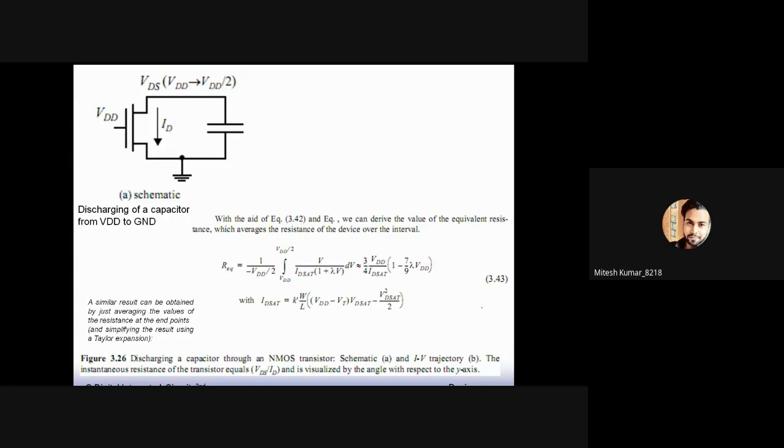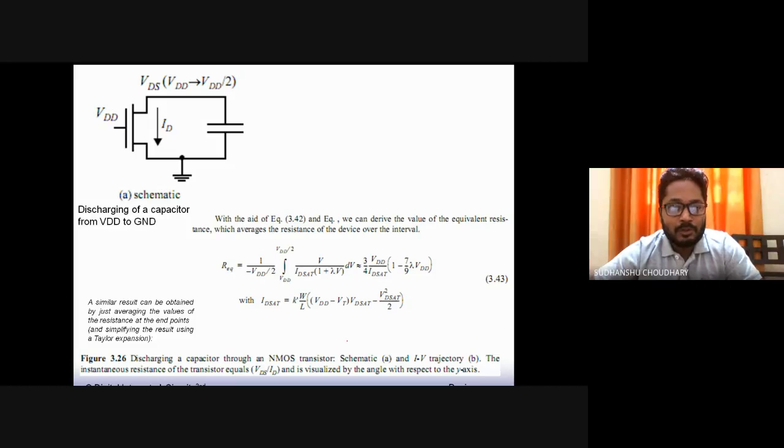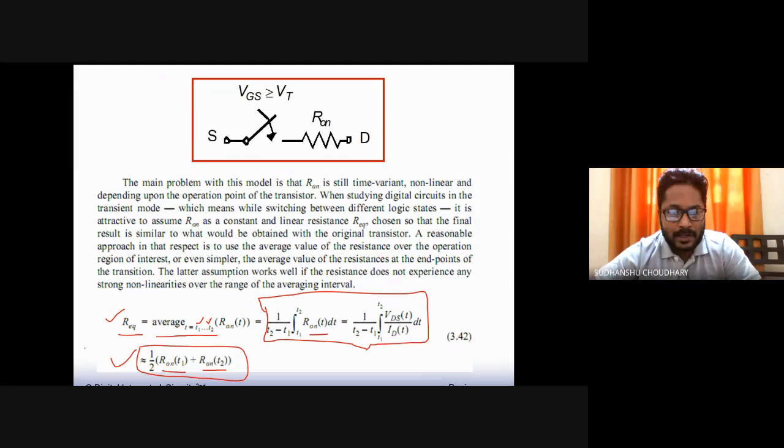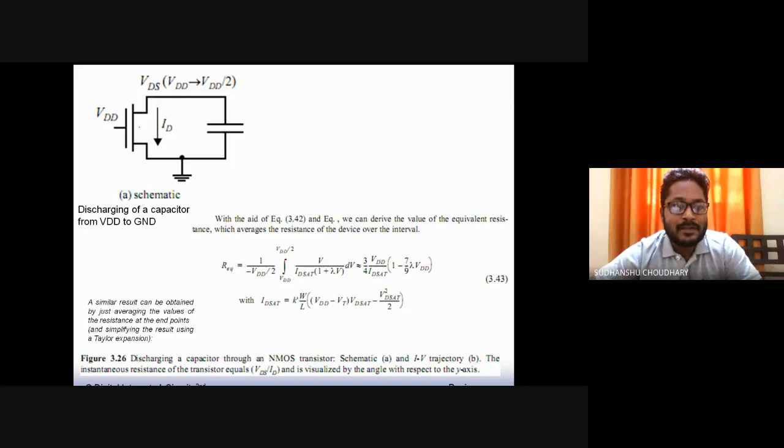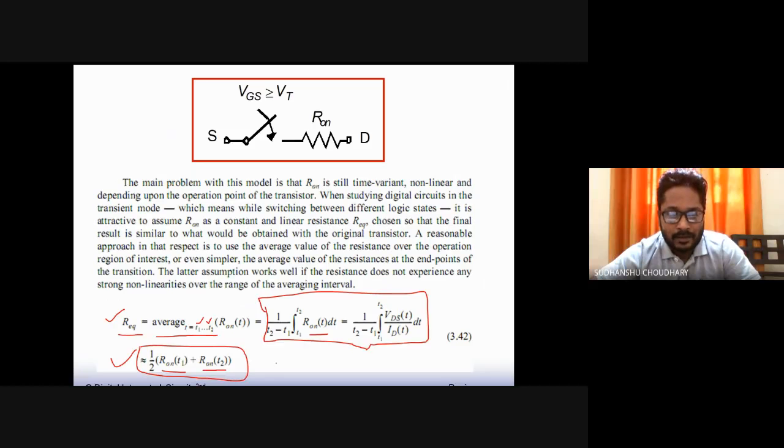Okay. So we'll utilize the same approach, that is, how to calculate the on resistance of the MOSFET. For calculating the on resistance of this MOSFET, we'll first have to fix the regions of operation of this MOSFET. That is, we need to fix this T1 and T2, the regions of operation.